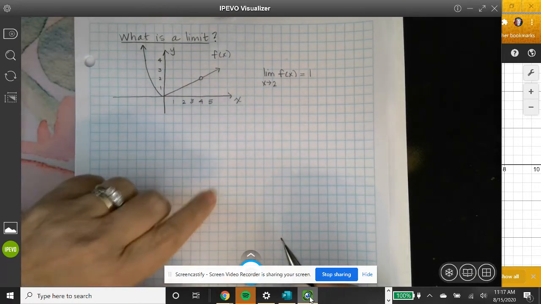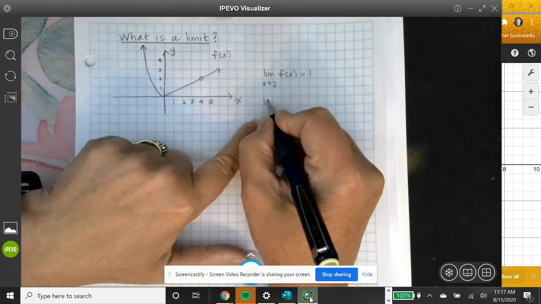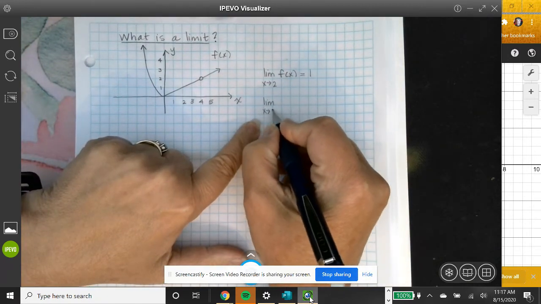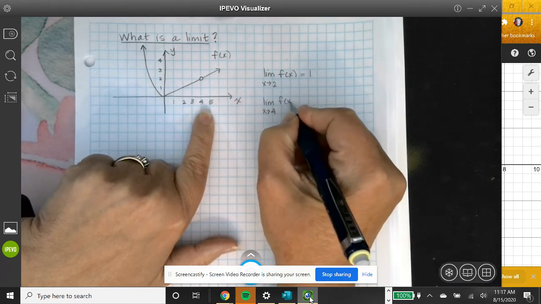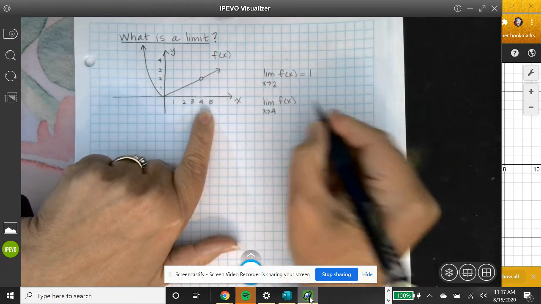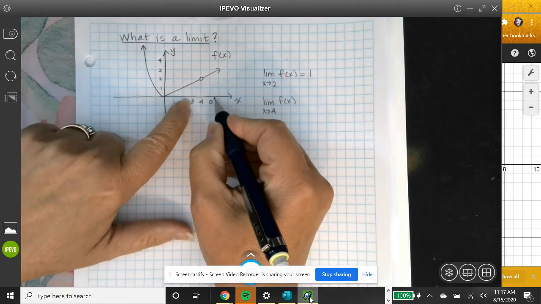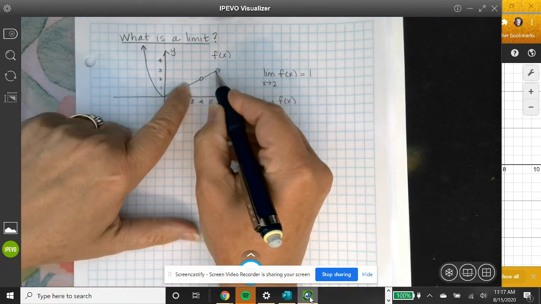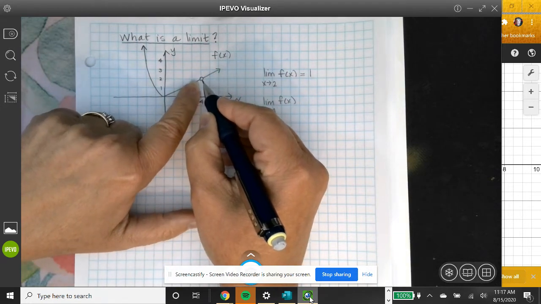Okay, all right. So let's try the limit as x approaches 4. So my limit of f of x as x approaches 4. Well, as x gets closer and closer to 4, my y value gets closer and closer to, well, there is no y value here.